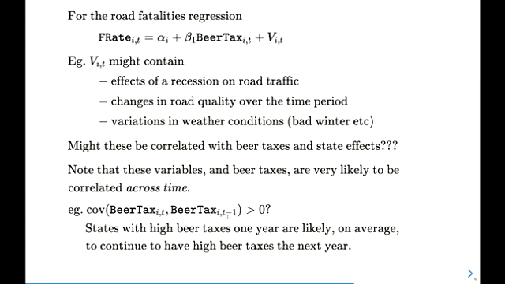What we would expect, on average, is that states this year with high beer tax are more likely to have higher beer tax next year as well. These things don't just chop and change around randomly. States tend to have fairly smooth policy positions on taxing alcohol. So you would expect to see some kind of positive autocorrelation in a variable such as that.